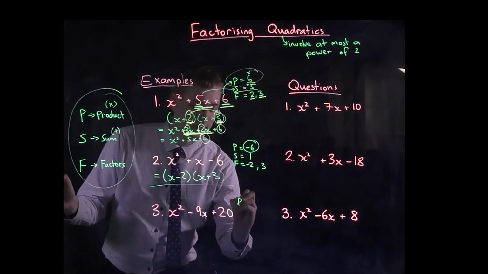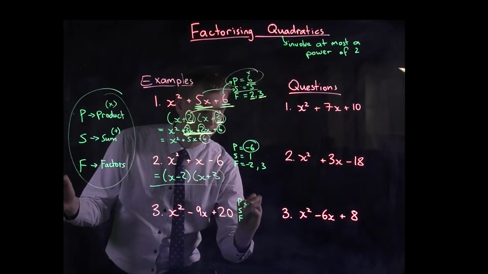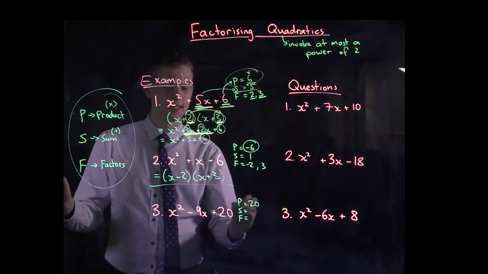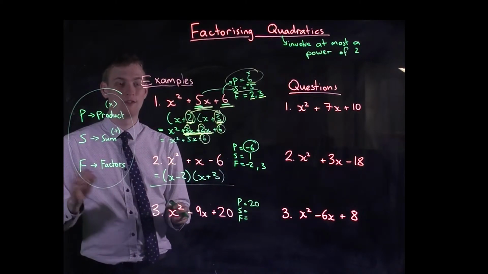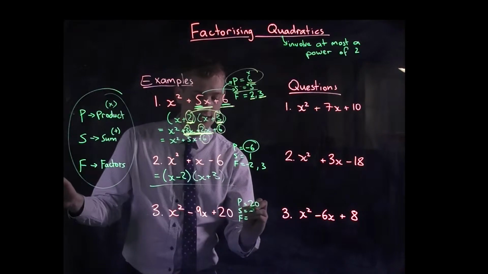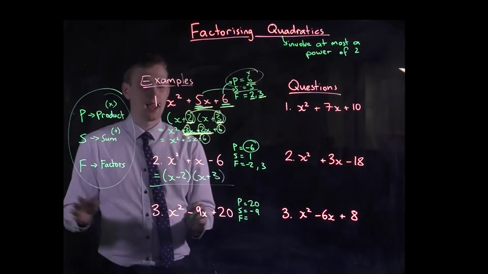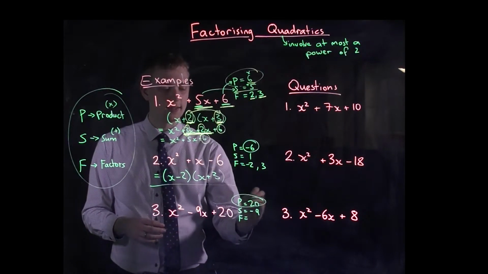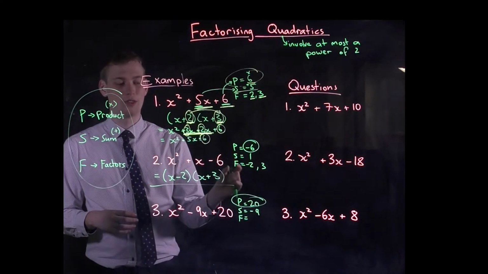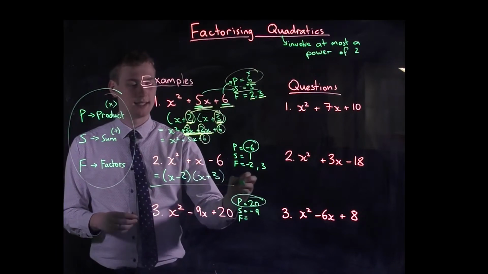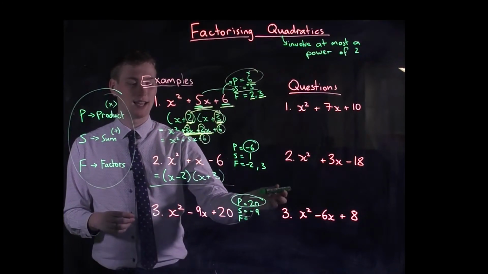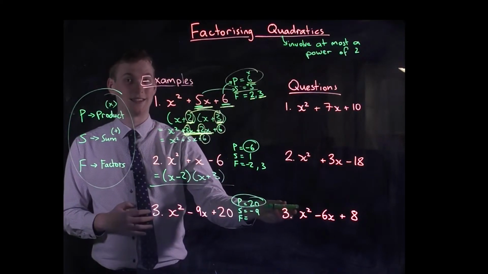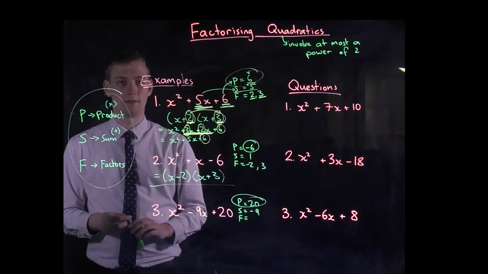Again, with all of these, we're going PSF. So our product is 20, which is helpful because we know our factors are either both positive or both negative. Our sum is minus 9, and our factors we don't know yet. Now, because our product is positive and we have a negative sum, we know that both of our factors are going to be negative, because they either have to be both positive or both negative to give us a positive product, and because we add them together they give us a negative number, they have to be negative.